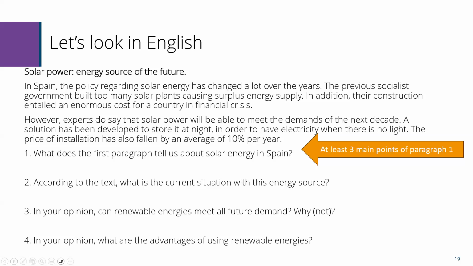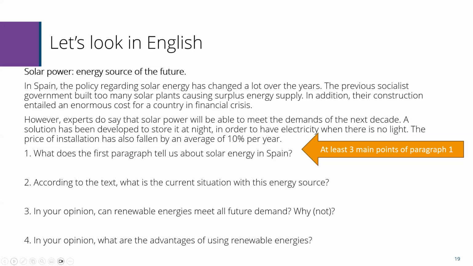Candidates are going to say in paragraph 1, it talks about the way that the policy has changed with regard to solar power. It talks about the previous government's action, and what they did was to build a lot of solar plants that meant that there was probably too much electricity generated, and that would give you 3 points.